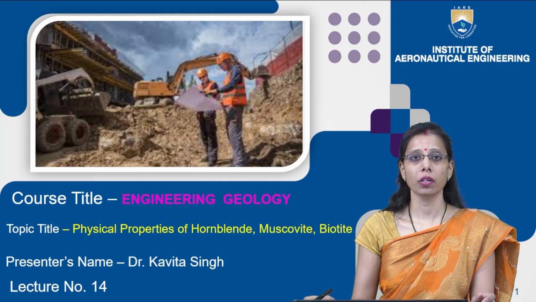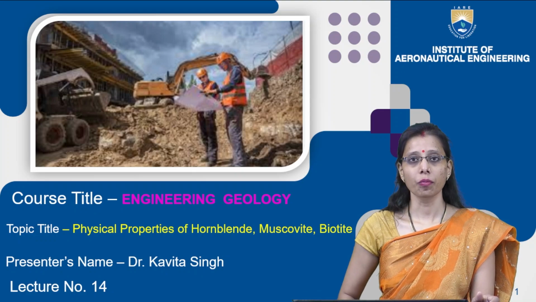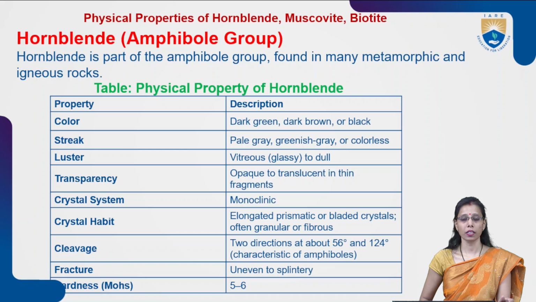They are also of different groups and they are useful in industries, in various applications as well as in the construction industry. How they are applicable in day-to-day life as well as in various industries, we'll be learning today. So let us start this lecture with the first one, that is hornblende.